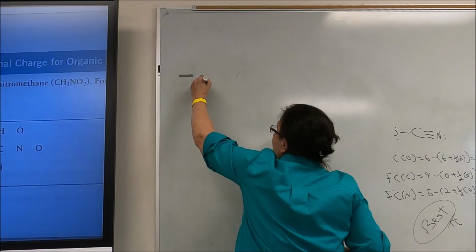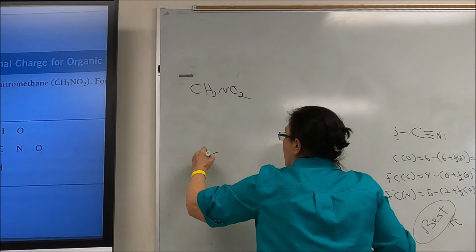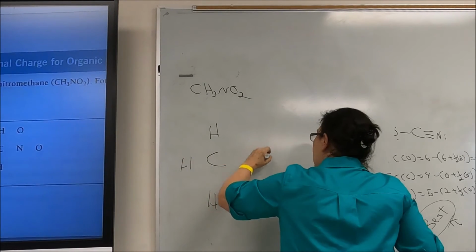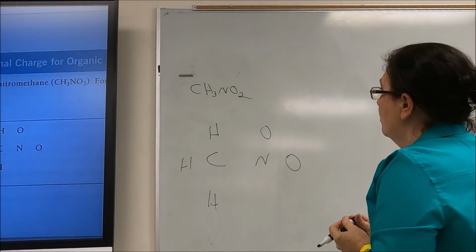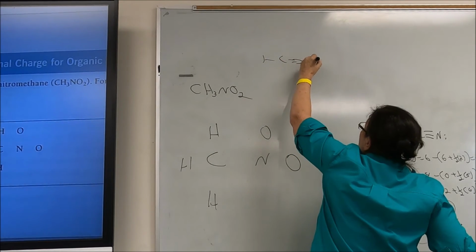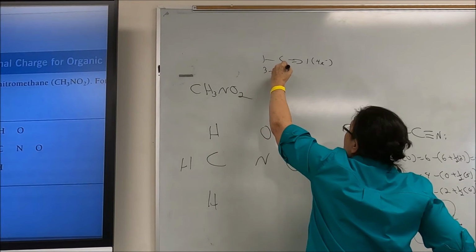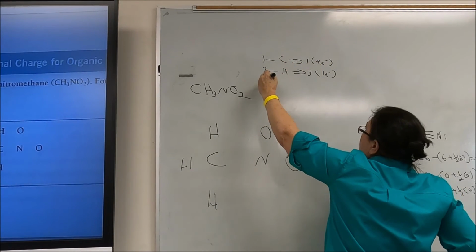So we're given CH3NO2, and we're given this skeletal structure. Okay? Now, we know we have one carbon at 4 electrons. We have 3 hydrogens at 1 electron apiece.